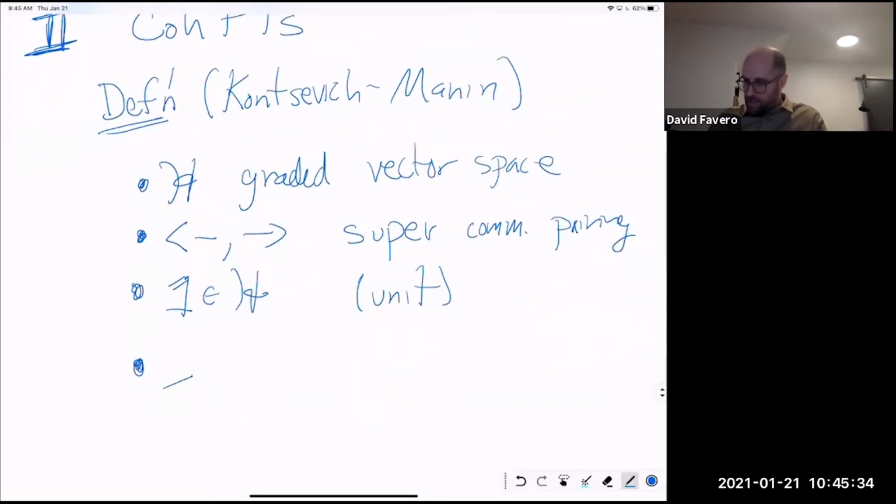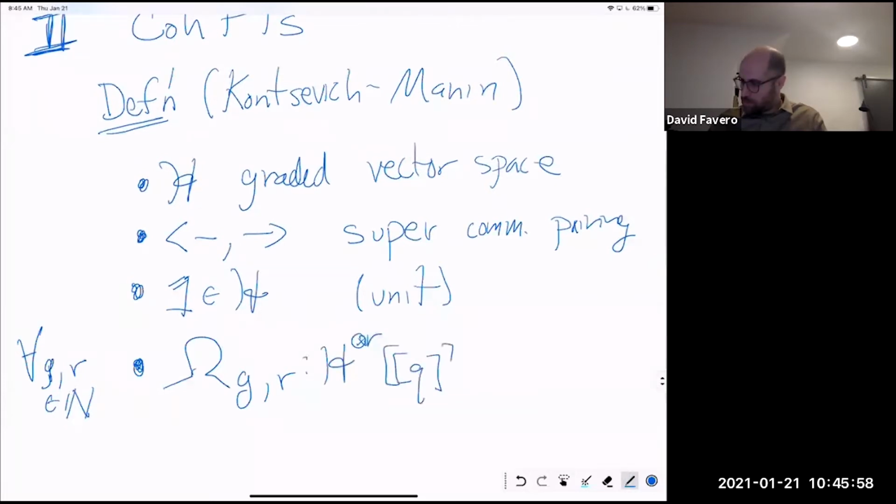And the main thing is for any g, r, a collection of maps. So these are real numbers. Collection of maps to the cohomology of M_{g,r} bar.